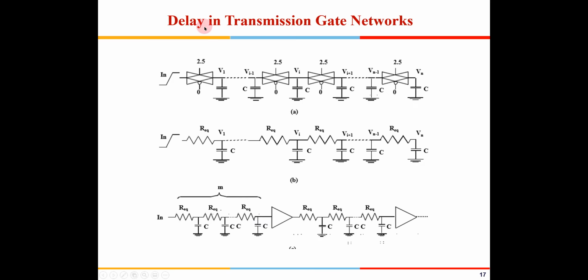Now we talk about the delay in the gate. What is the delay in the gate? If you see here, these are transistors. All these pass transistors can be called an R equivalent, which we saw earlier. So you can model it in this way. Either you can have a chain of just pass transistors, or you could have buffers in between.